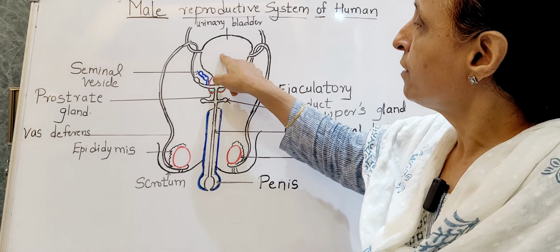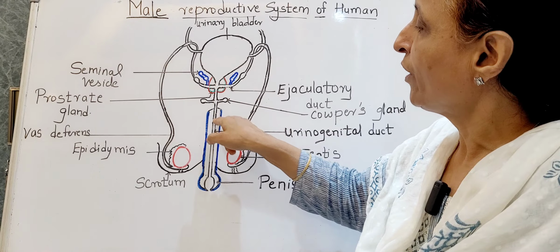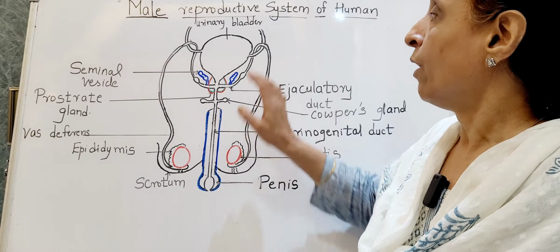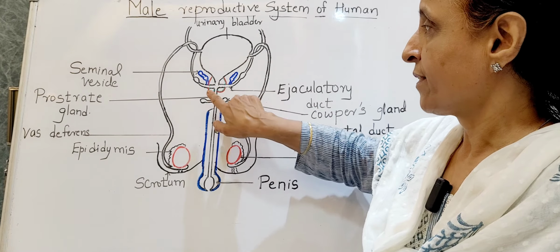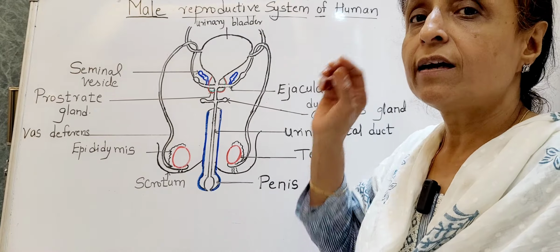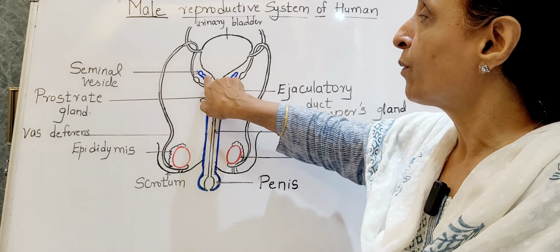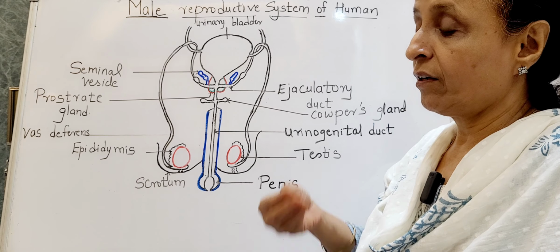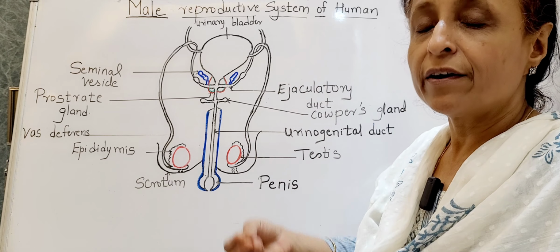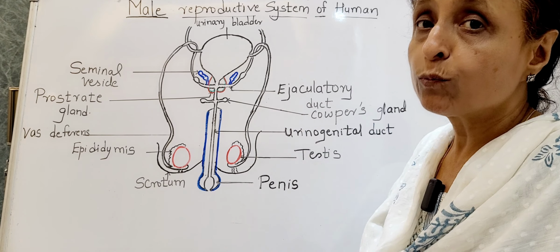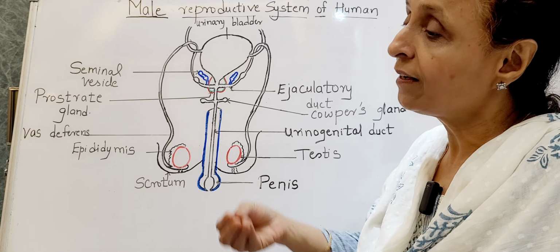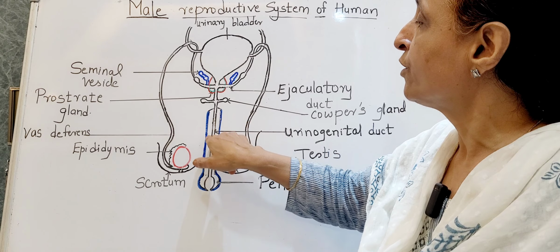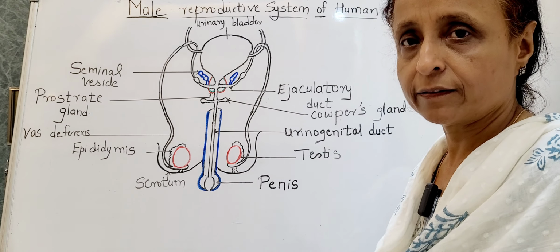Whenever required, urine will be passed through this duct. These glands produce alkaline fluid. The prostate gland gives out a white colored fluid which will nourish the sperm and help it to move. It will provide alkaline conditions and help it move in the urinogenital duct.